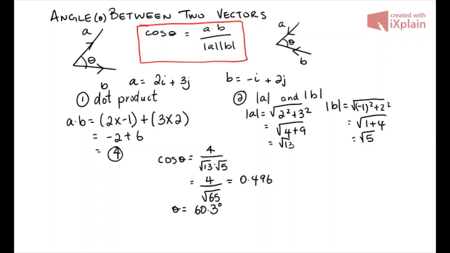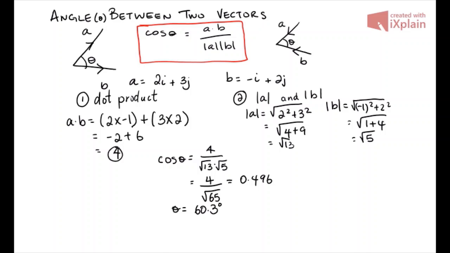Now, looking at the formula, we can see that if theta is 90, meaning that the vectors are perpendicular to each other, the cosine of 90 is 0. So that would mean for any fraction to be 0, its numerator has to be 0. Therefore, a dot b is 0 when the angle between the two vectors is 90 degrees.